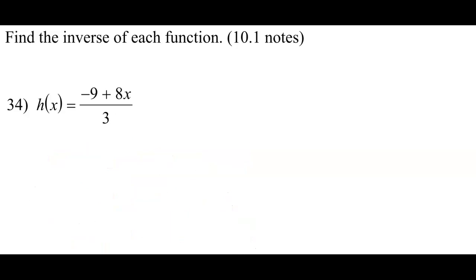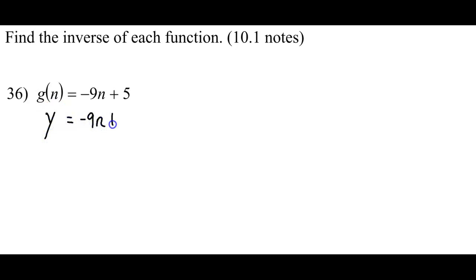Let's go ahead and take a look at one more that's like that. A little bit of a different setup of the equation. Same idea though. So step 1 is to replace the g of n with a y. The next step is to switch the y and the n. And the last step is to get that y by itself. In this case, what we would do this time is subtract 5 on both sides.